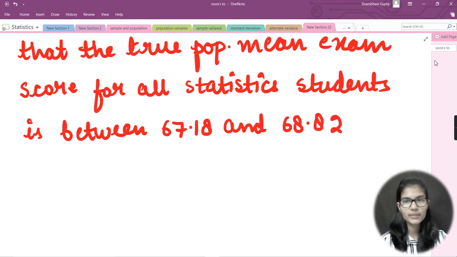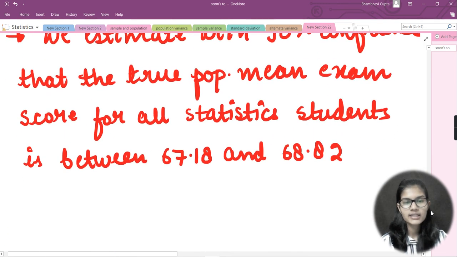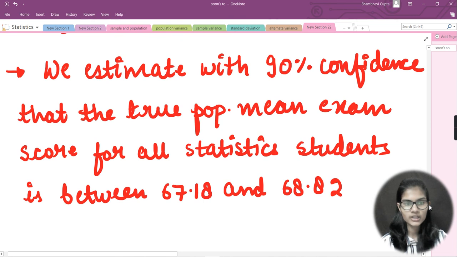So at last I wrote my whole conclusion, whole estimation, that we estimate with 90% confidence that the true population mean exam score for all statistics students is between 67.18 and 68.82.